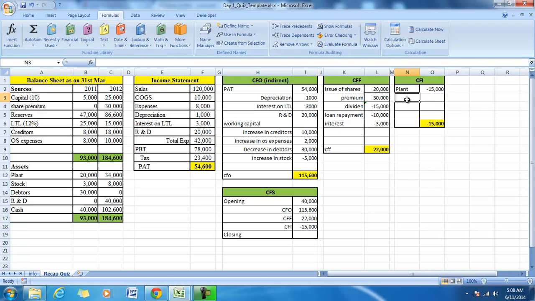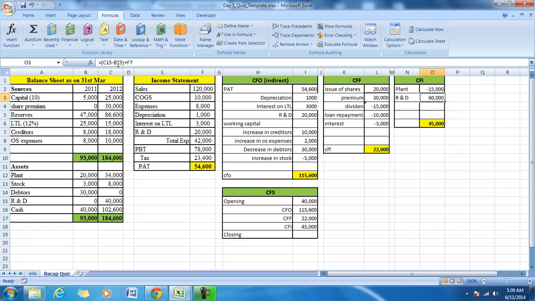We have also acquired R&D, which was not there earlier, so R&D acquired is equal to the changes in the R&D plus the amortization of R&D during the period.